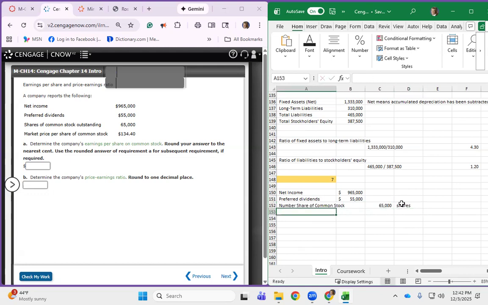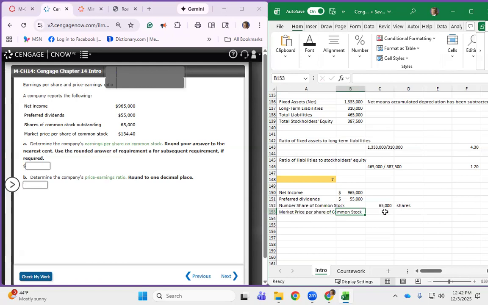And then finally, the market price per share of common stock. How'd they find that? Well, they went to Google and Googled what's the share price today for this company. The first two things we got from our financial statements.